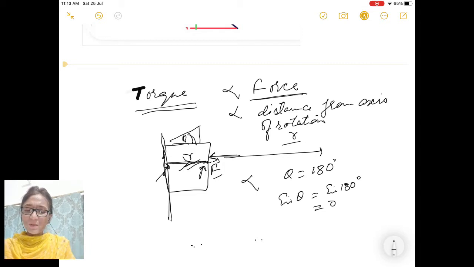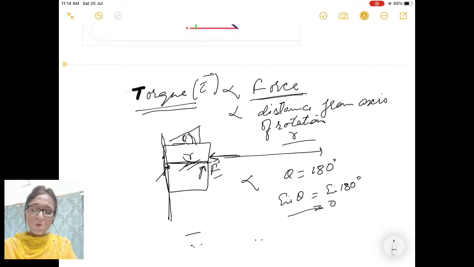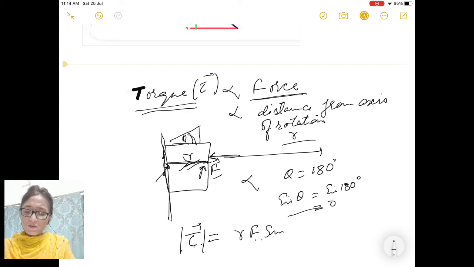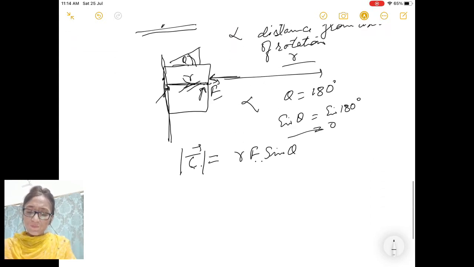So torque depends on all these three things. When you combine the three, and torque has the symbol tau, torque is a vector quantity. So the magnitude of tau is equal to R F sine theta.